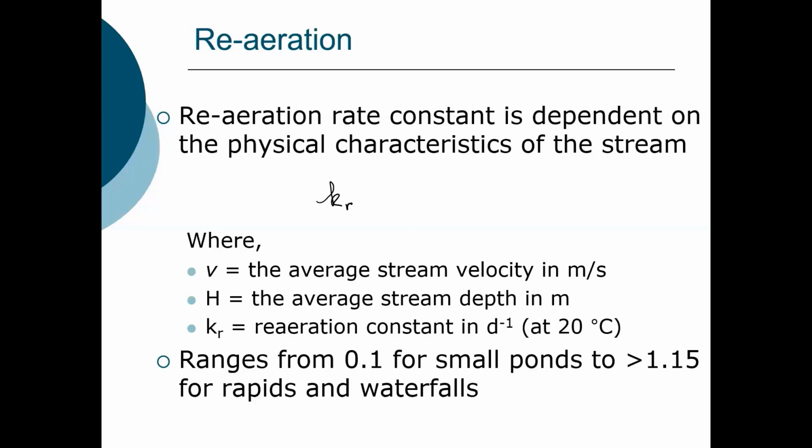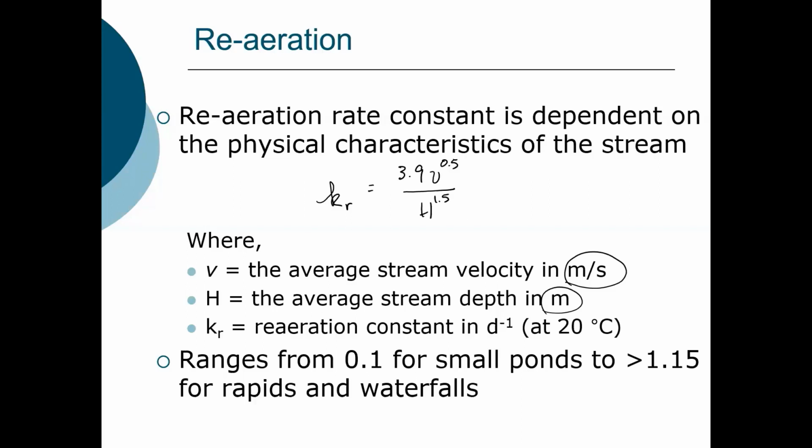And we can write that the reaeration constant is equal to, and this is an empirical expression, 3.9 V to the 0.5 times H to the 1.5 power. Note the units. This is important. As I mentioned, this is an empirical equation, so it was derived with units of meters per second.